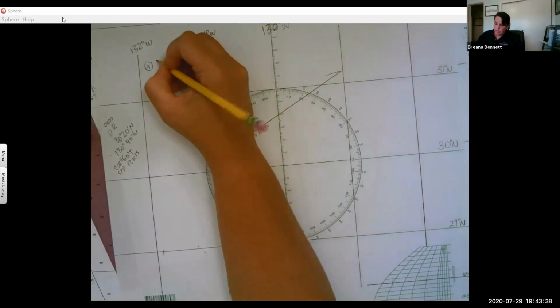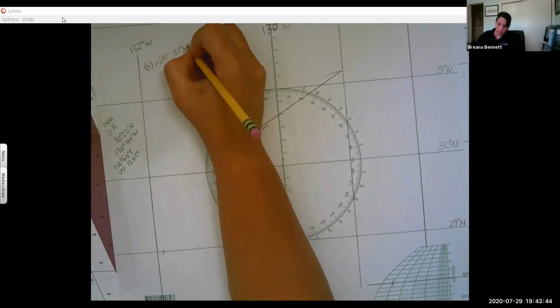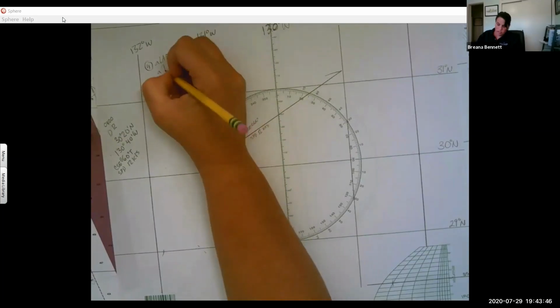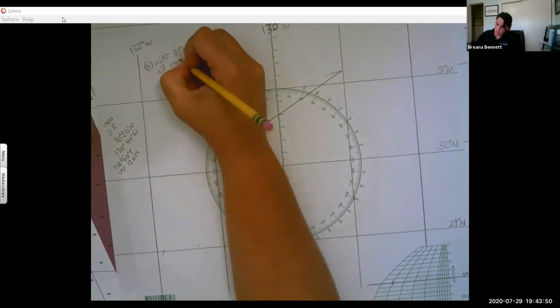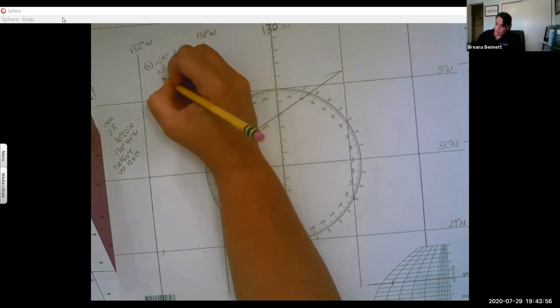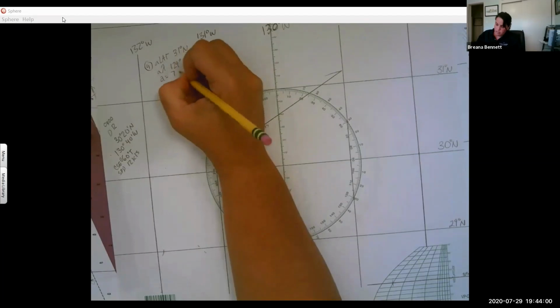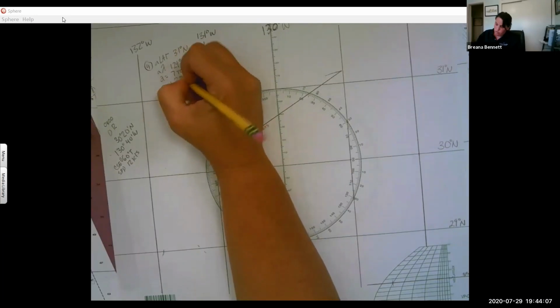We have an assumed latitude of 31 degrees. We have an assumed longitude of 129, 23.3. We have an intercept of 7 towards, and we have a ZN of 224.